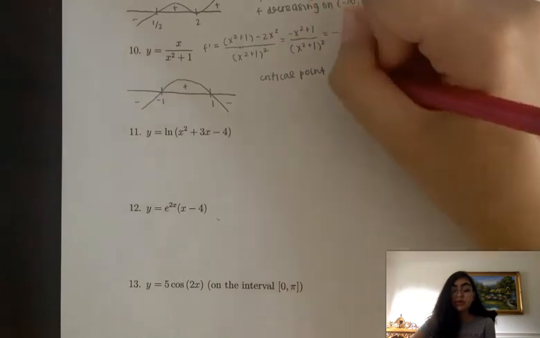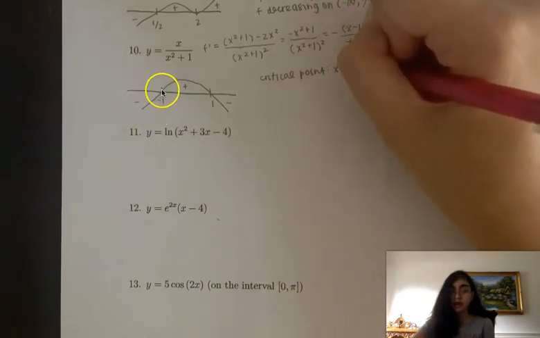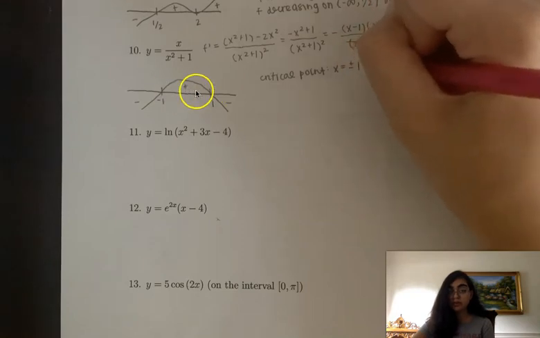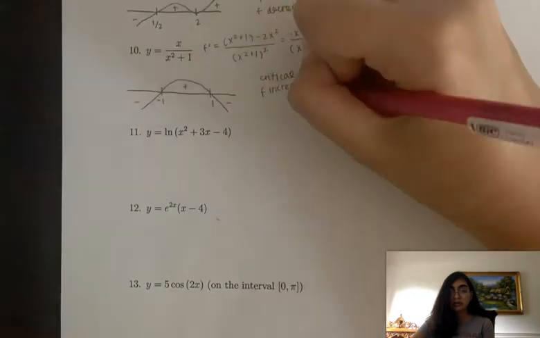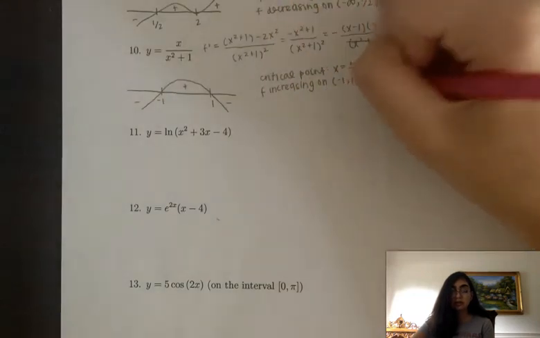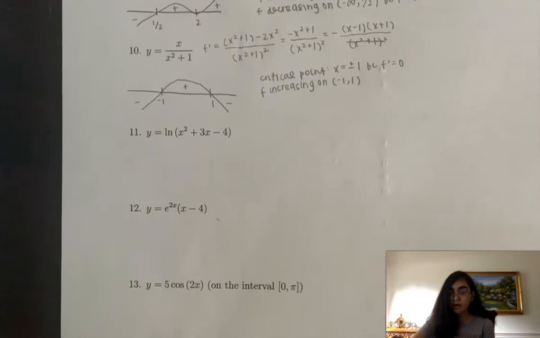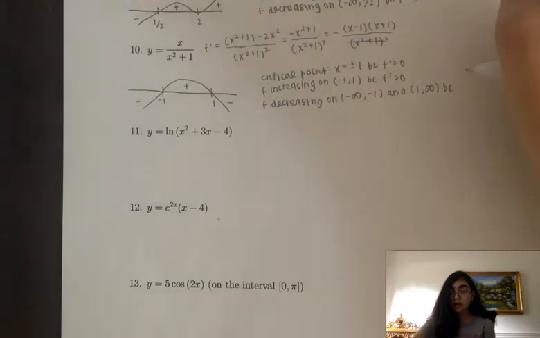F is increasing where f prime is positive or greater than 0, so between -1 and 1. That's where it's above the x-axis. And it's going to be decreasing at -infinity to -1 and 1 to +infinity, because that's where f prime is negative, as you can see.